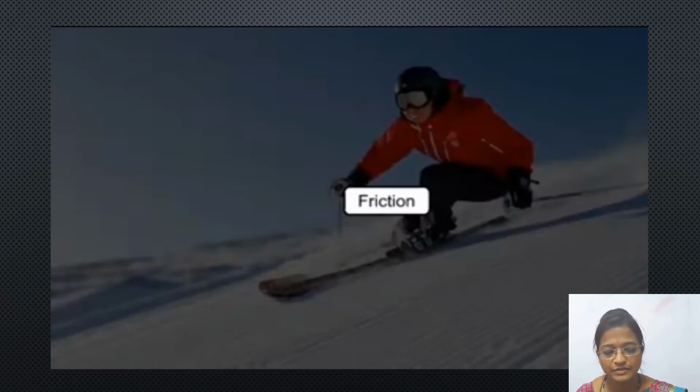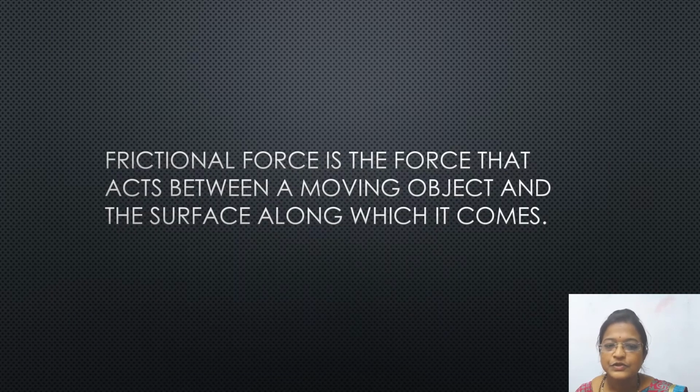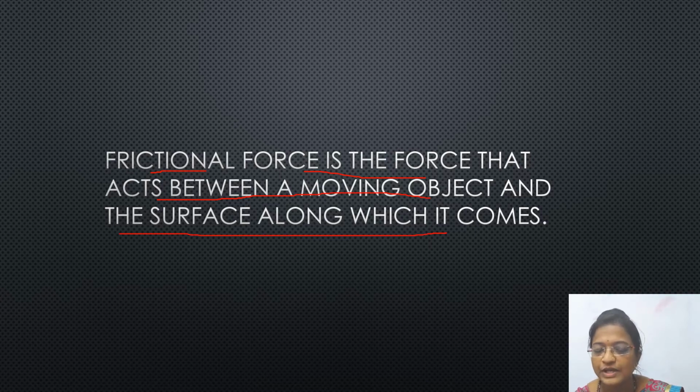So friction. Okay, so what do you mean by frictional force? Yes, frictional force is the force that acts between a moving object and the surface along which it moves.